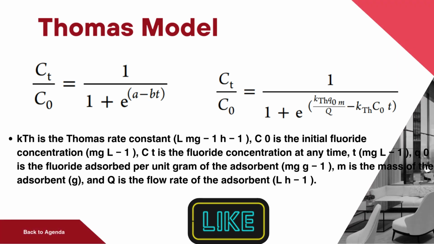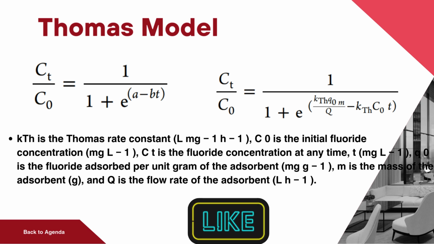Let us start with the Thomas model. So this is our original equation and this is the Thomas model. If you consider this equation and take k common, then you can get it in this form, except e to the power k into A minus Bt.